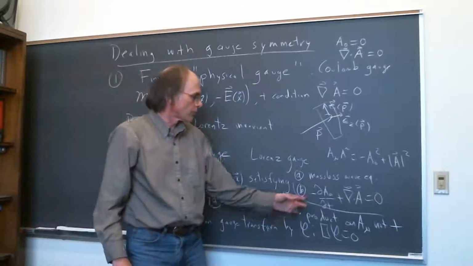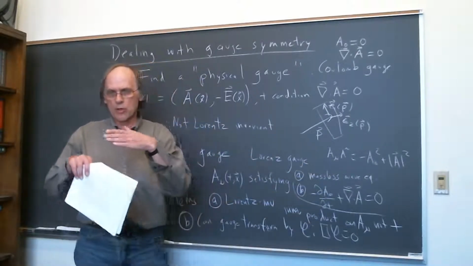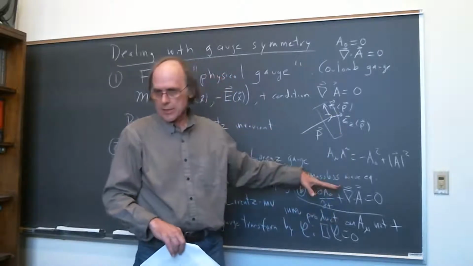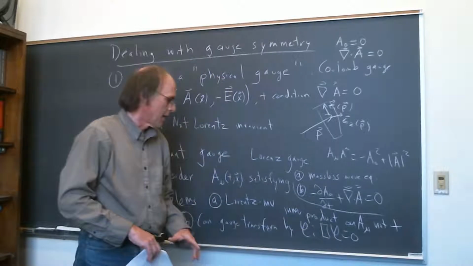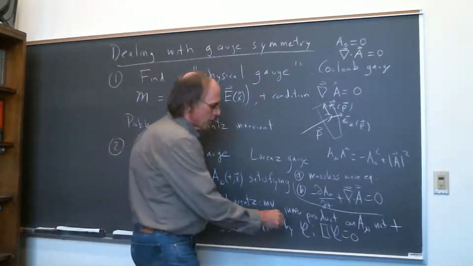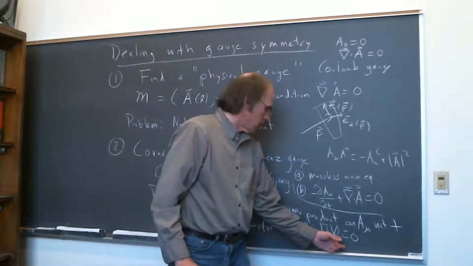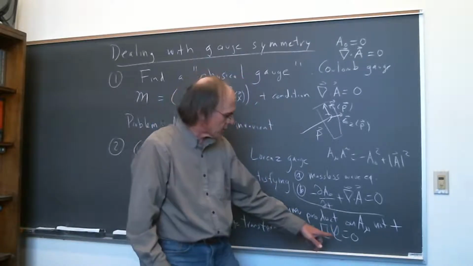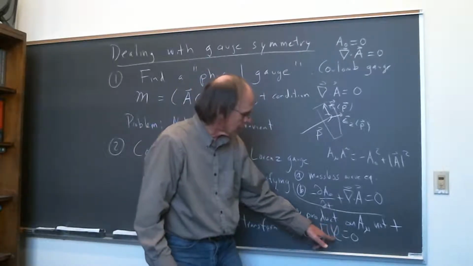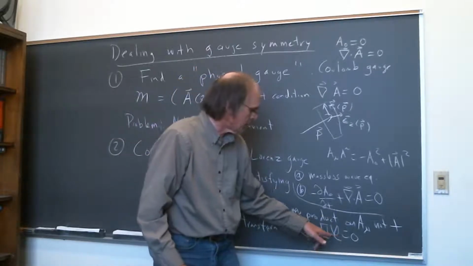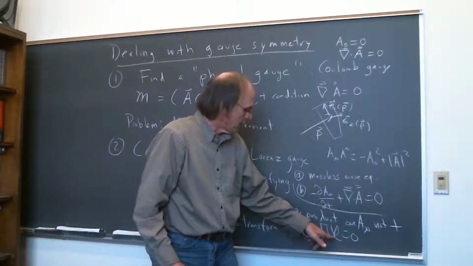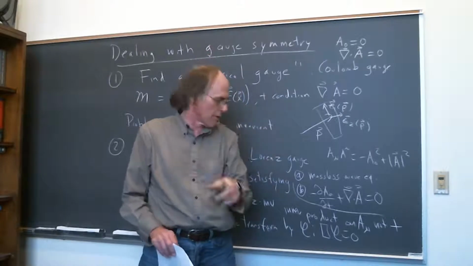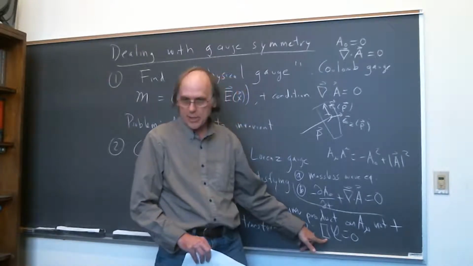If you have one solution, or if you like, if you go to momentum space, you can add φ tilde of p, functions living on the light cone, so that this gives you 0.